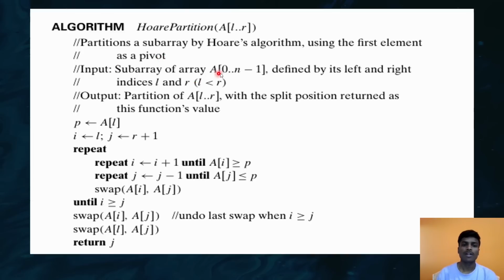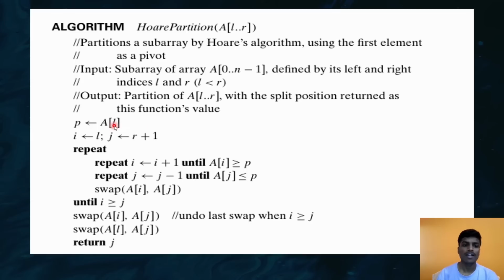The input is a subarray of A from 0 to n minus 1, defined by its left and right indexes L and R. So L must be smaller than R. The output will be the partition of A from L to R, with the split position returned as this function's value.